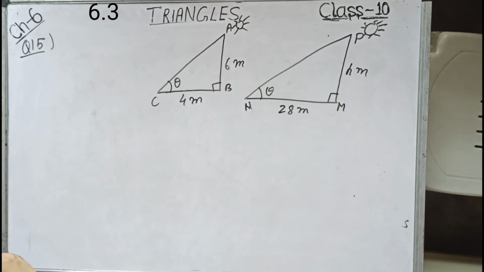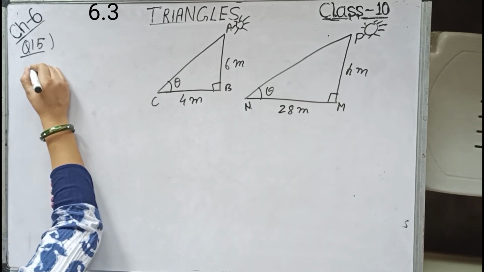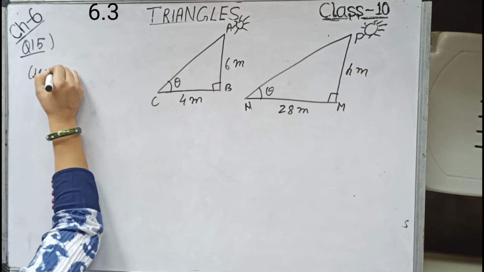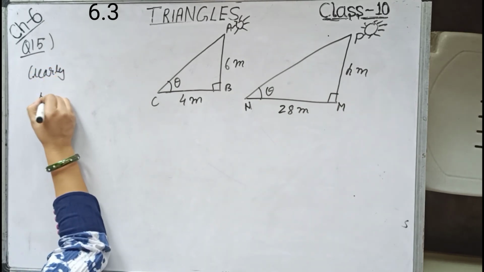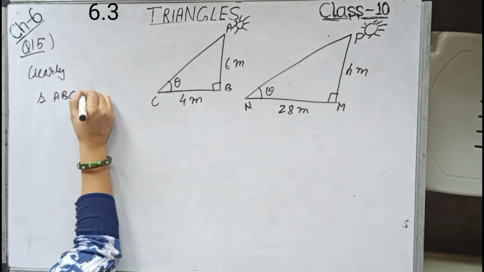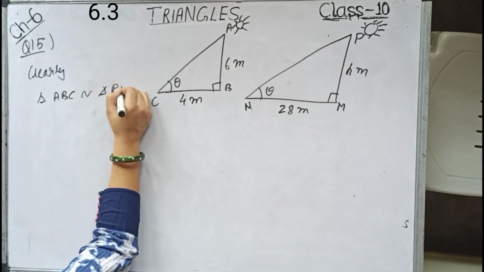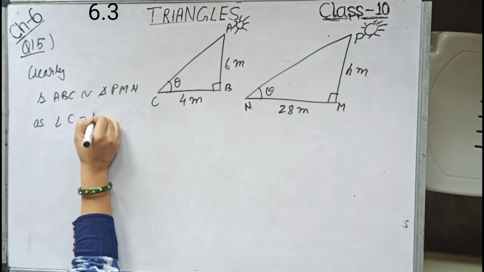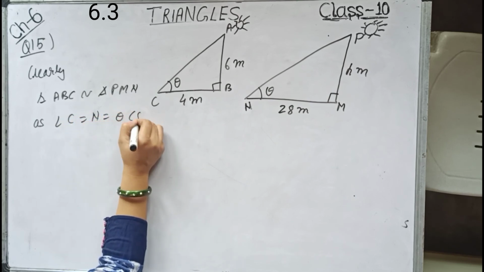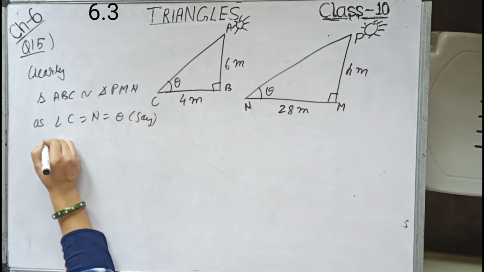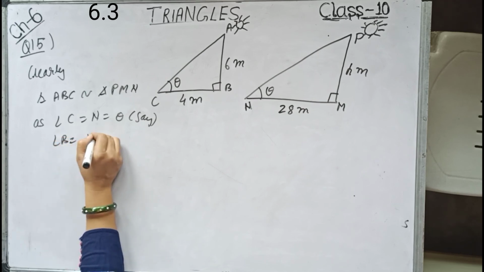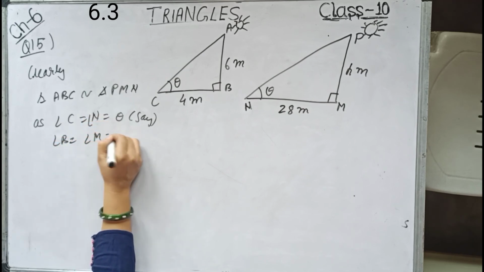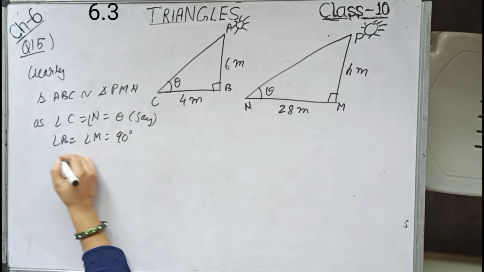So we will be writing, clearly, triangle ABC is similar to triangle PMN, as angle C equals angle N equals theta, say, and angle B equals angle M equals 90 degree.